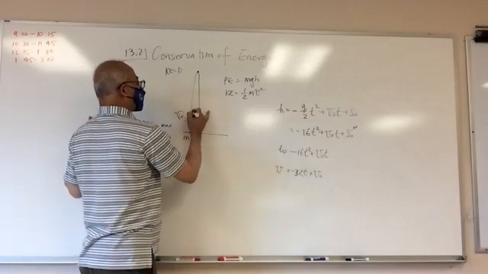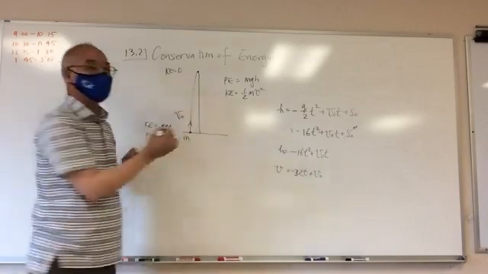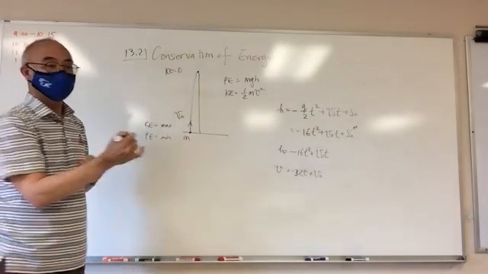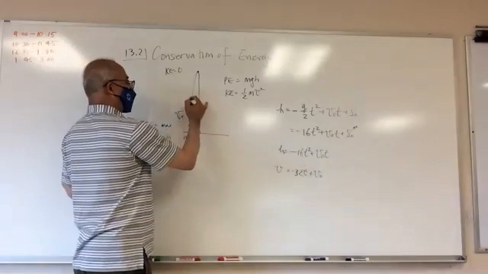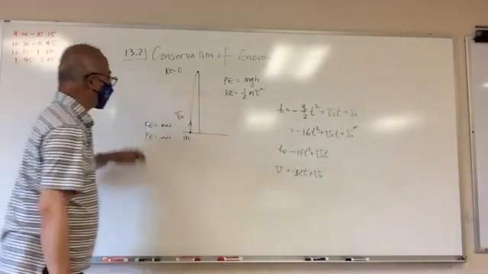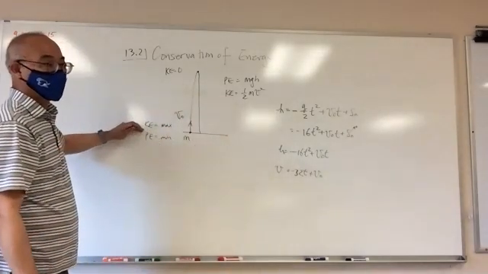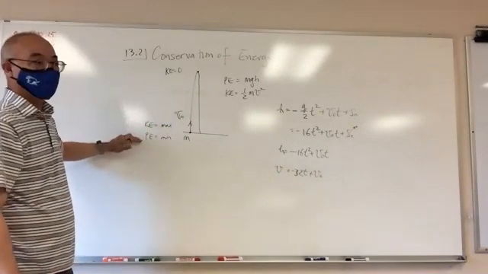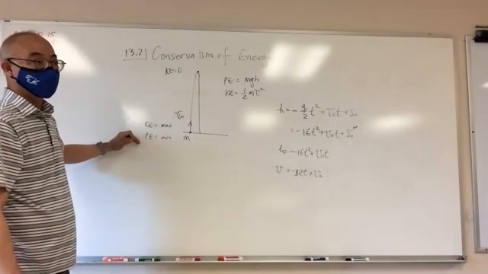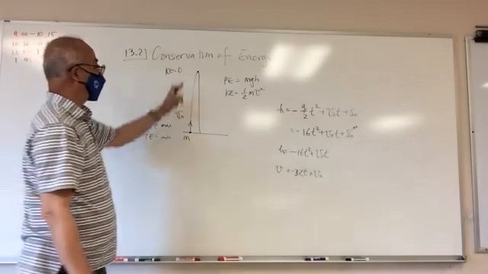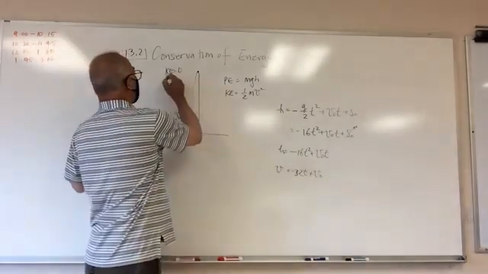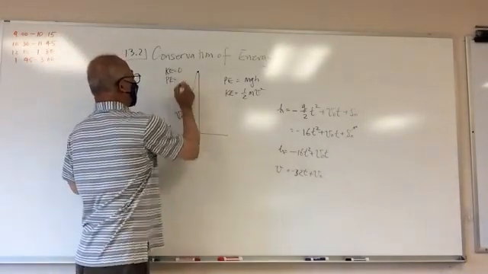My potential energy is going up because I'm gaining height. In other words, all my kinetic energy is slowly being converted to potential energy, all the way up to here. So up here, my potential energy is what?